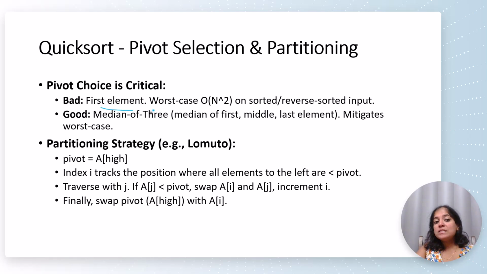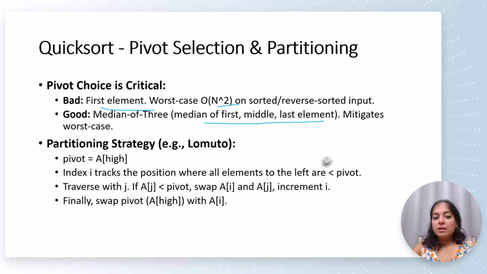If we take the first element as the pivot, the worst case is big O of n square, because if the array is already sorted or sorted in reverse order, the complexity will be big O of n square. The same happens with the last element also. So a good approach is to take the median of three elements, that is the median of the first, middle and last element. It mitigates your worst case scenario.